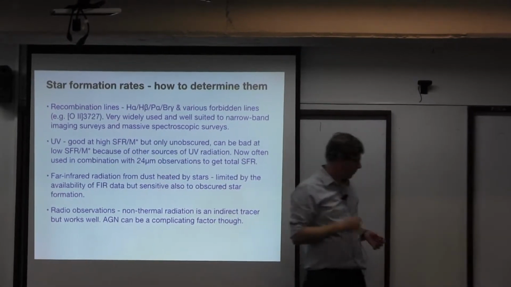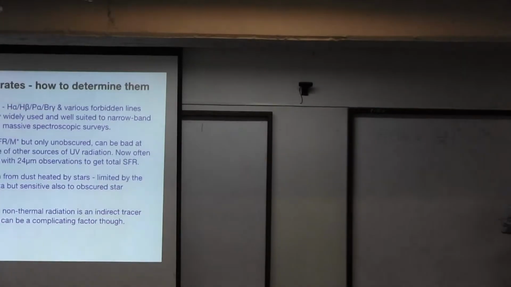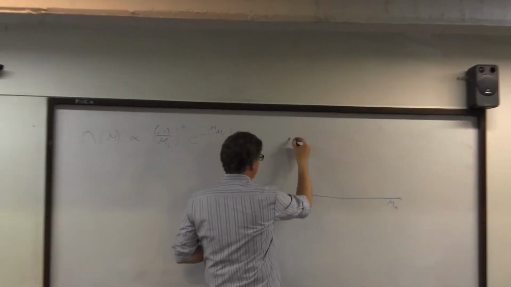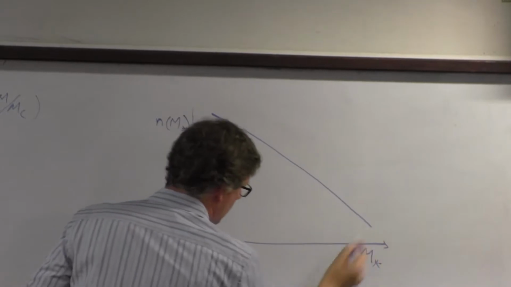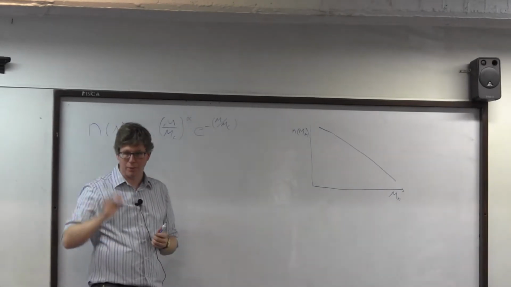So if you think about this as the mass distribution of stars, mass of star versus number of stars, the distribution is a power law. Depending on the different models, it has different slopes. It doesn't matter what it is now.